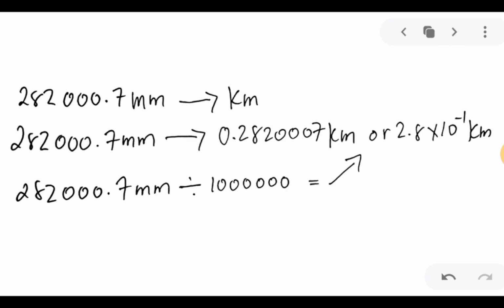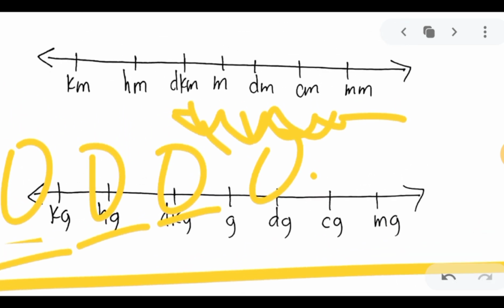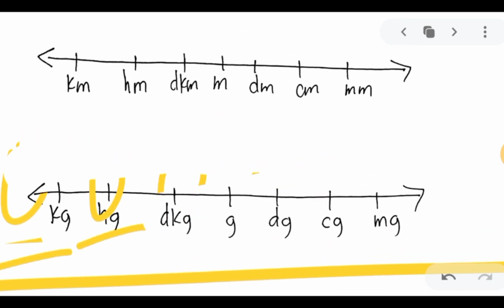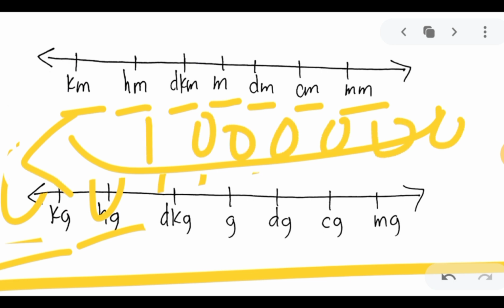Another example is converting 282,000.7 millimeter to kilometer. Balik tayo sa ating metric ruler. Millimeter to kilometer. Ilang movement yan? That is 1, 2, 3, 4, 5, 6. Okay, 6 zeros. Mag-iwan ka ng 6 zeros from right to left. Or i-divide mo siya sa 1 million. 6 zeros, right? 3, 6.